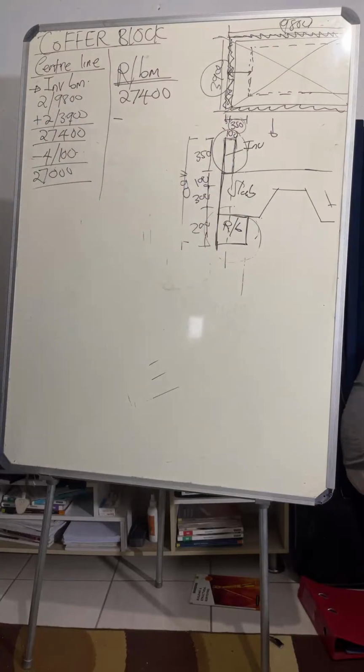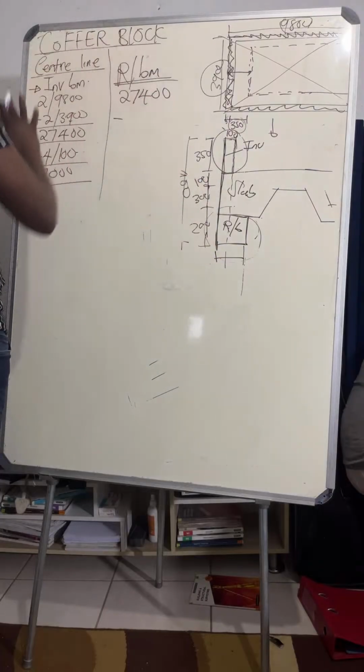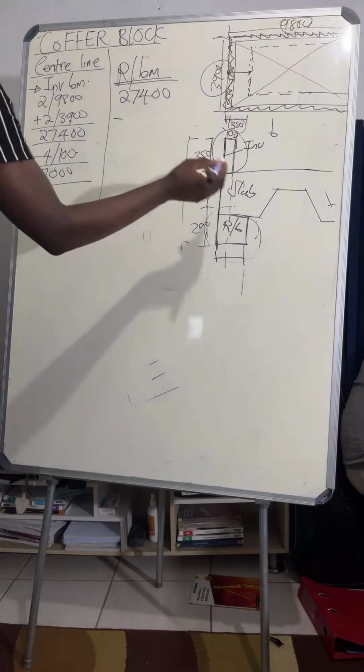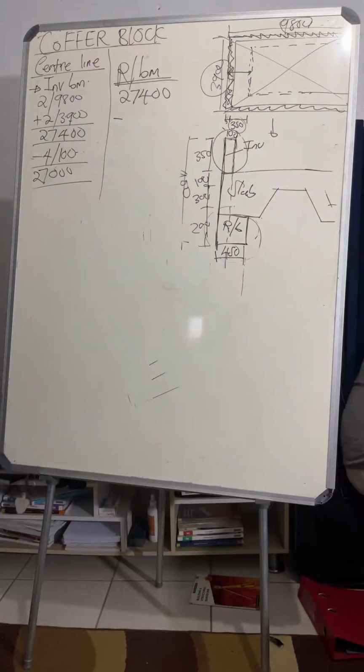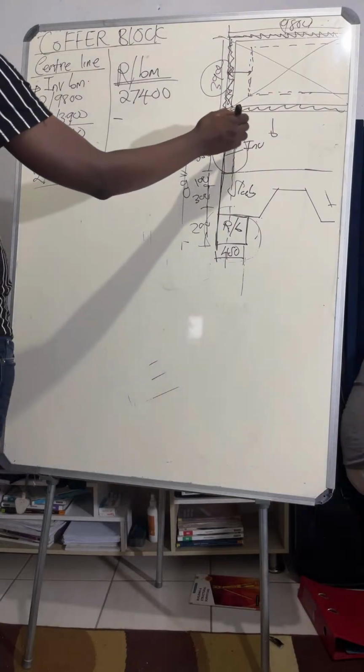Now what is the total thickness of that? You don't have to punch your calculator, because it's a collection; you're going to use this collection in order to measure. 350 plus 100 is 450. That means the thickness of the ring beam is 450, isn't it? This 100 plus 350.